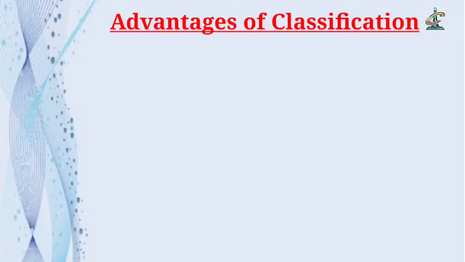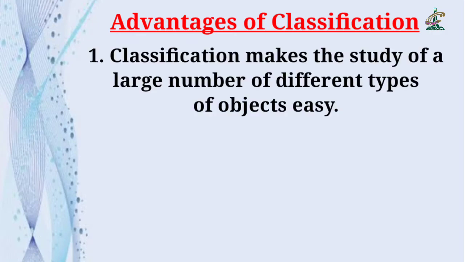Now beta we will learn about the advantages of classification. Beta, number one is classification makes the study of the large number of different types of objects easy. It means जब large number of different types of objects हमारे पास होंगे तो हम उन्हें classify करेंगे, फिर उनकी study हमारे लिए बहुत easy हो जाएगी.